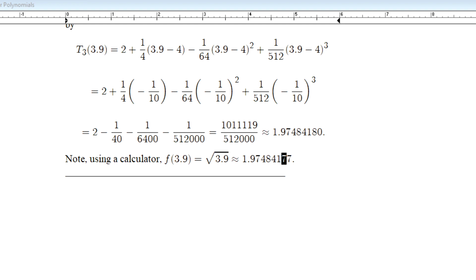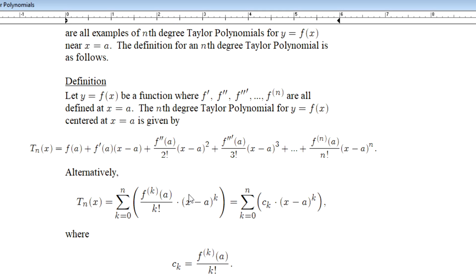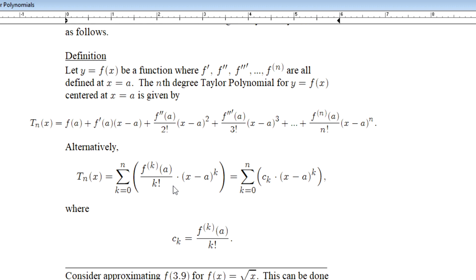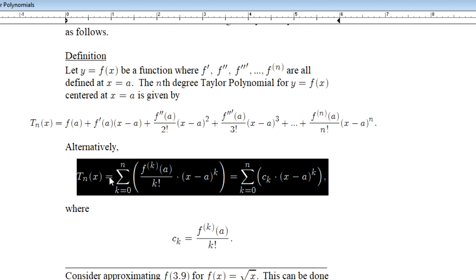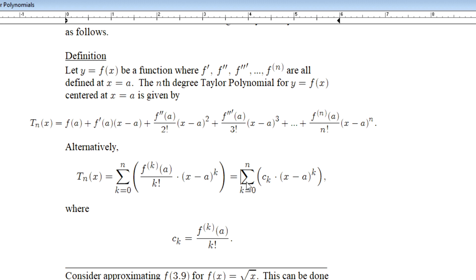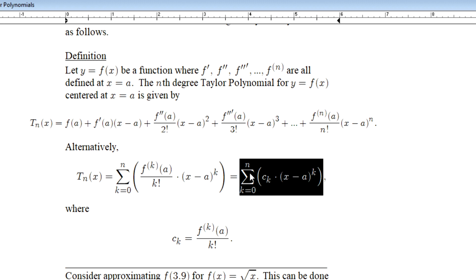So folks, that is our first section from Chapter 7 where we introduced what is known as a Taylor polynomial. And if we go back up to that definition here, we can start to see that it's hinting to this series that we're going to come to know as a Taylor series.